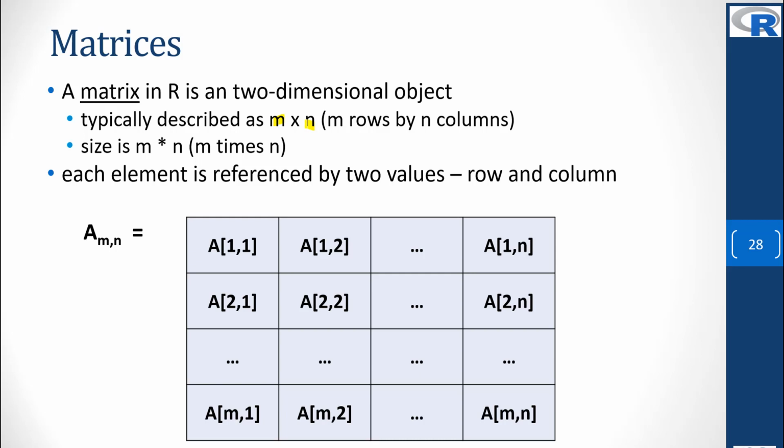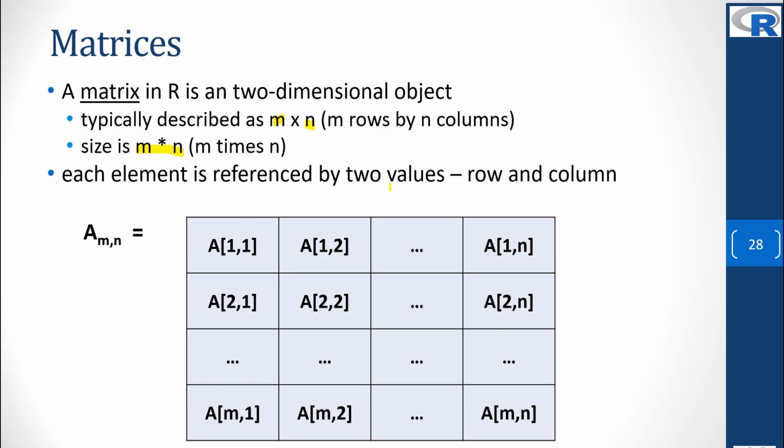And this is just like an Excel table where you have the numbers for the rows going down the left side of an Excel spreadsheet, and the columns as letters in the case of Excel, going across the top. The size of the matrix is m times n.